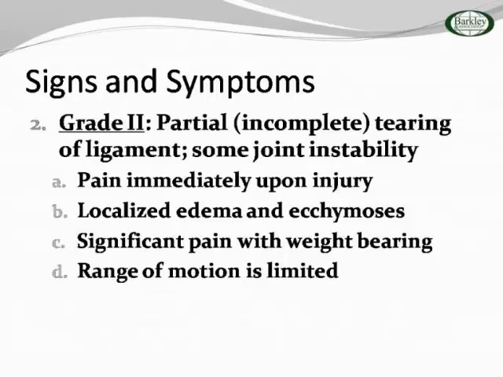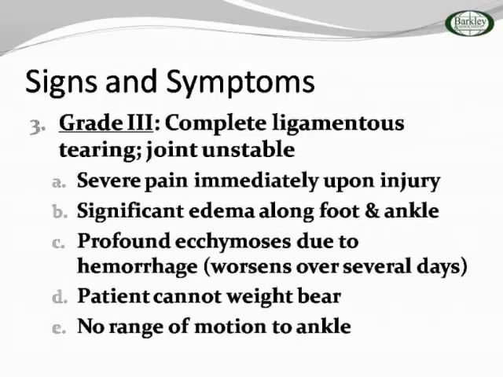Now, if you have a grade 2, partial incomplete tear, joint instability may be noted. Pain upon injury, they will report that to you, some ecchymosis, edema, significant pain while they're bearing their weight, and their range of motion is limited. It's not a complete tear, but it's a partial tear. And of course, what's a 3? A complete tear. These are individuals that cannot do what? Bear weight, no range of motion, complete joint instability, edema along foot and ankle, profound ecchymosis that worsens.